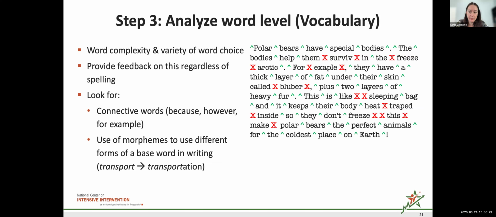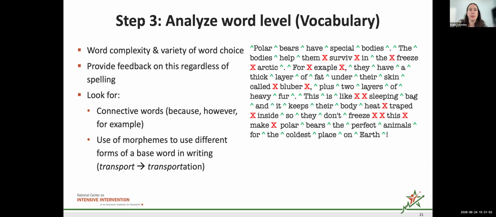Really importantly, we want to look for vocabulary as something different than spelling. So we want to provide students feedback on both aspects of word writing. We'll provide them feedback on their spelling, like we just looked at, but we also don't want to penalize or dissuade students from using certain words just because they don't know how to spell them yet. So we're going to look at vocabulary, but again, not pay attention to the spelling piece and just consider, does the student have a nice complexity and variety in their word choice, and where could they grow in that?